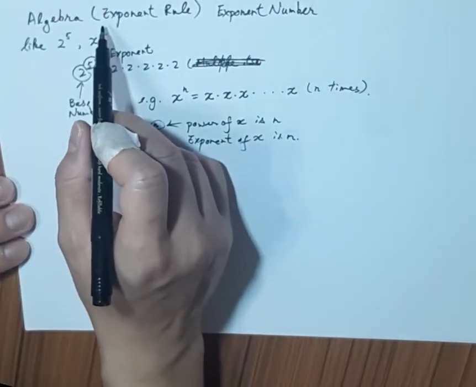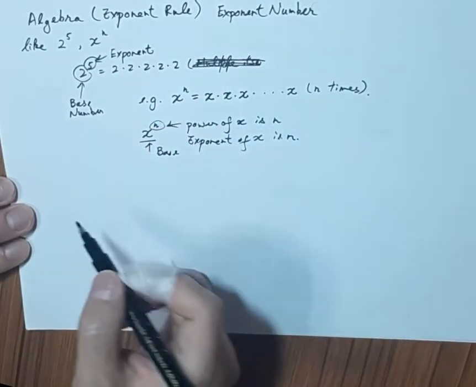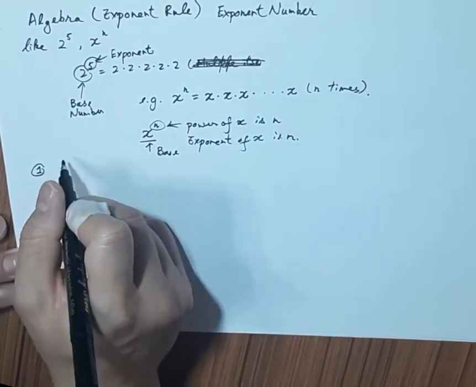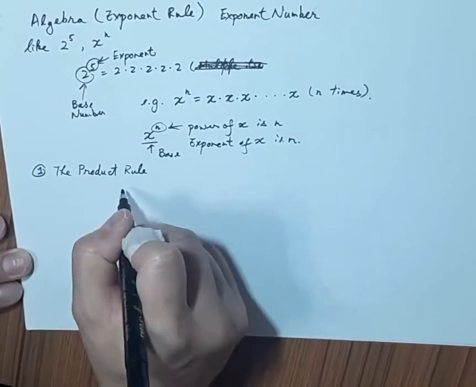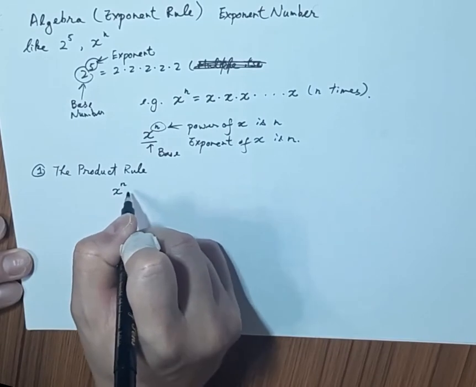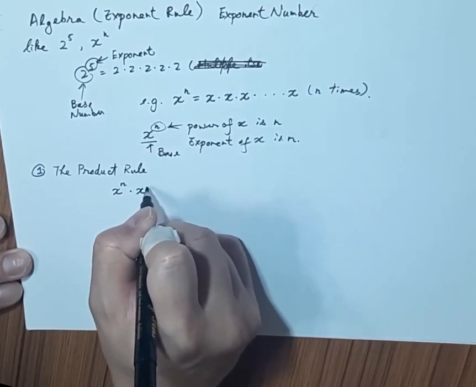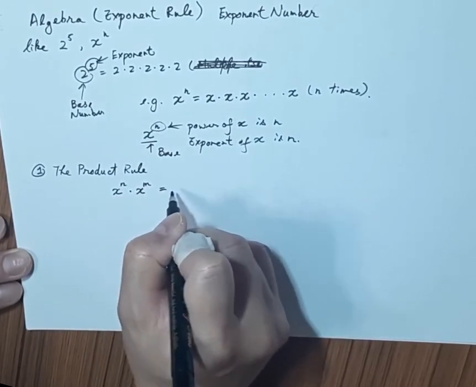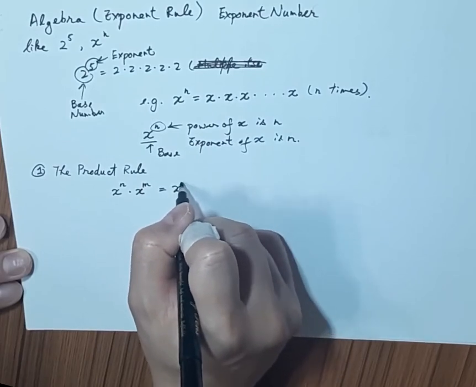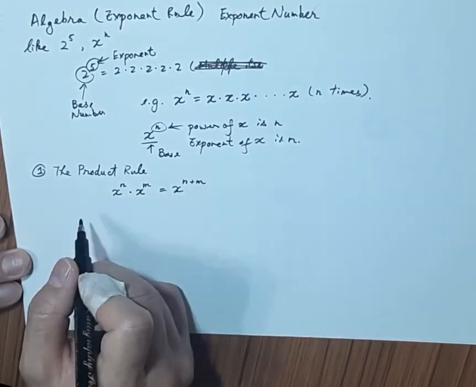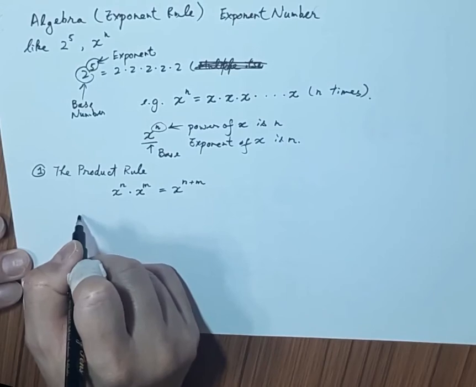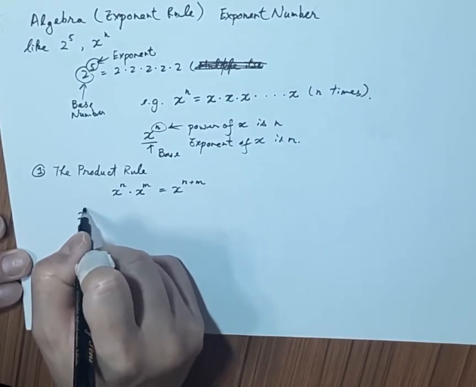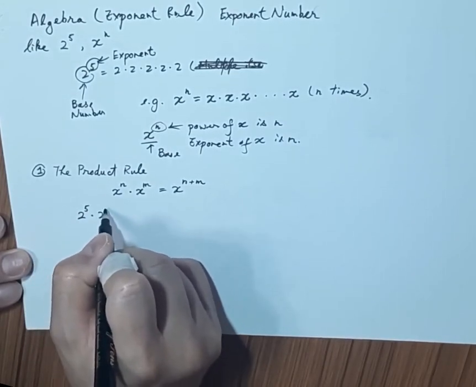Now we are going to talk about exponent rules. We have many exponent rules. The first one is the product rule. X to the power of n multiplied by x to the power of m is equal to x to the power of n plus m. If we want to prove it, we put two numbers, 2 to the power of 5 multiplied by 2 to the power of 2.